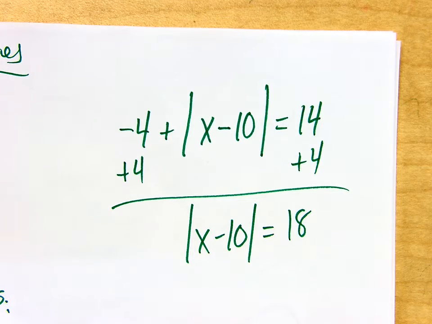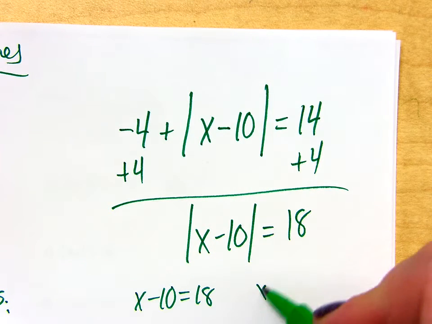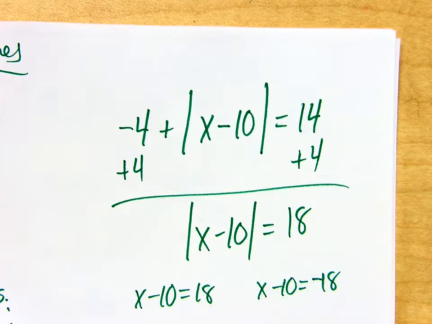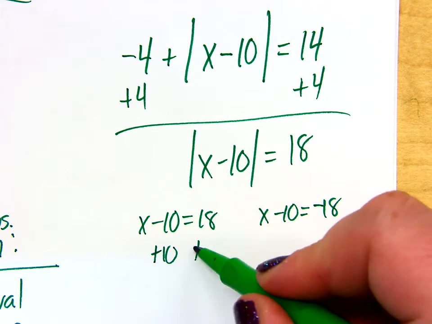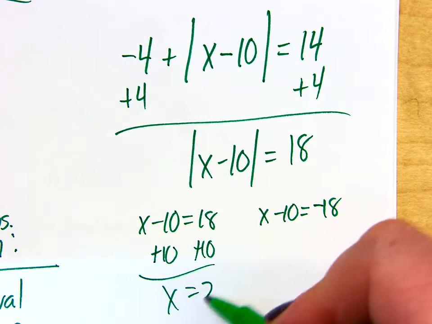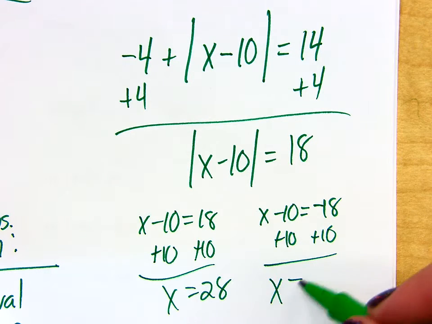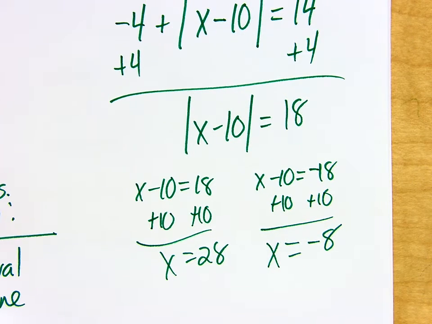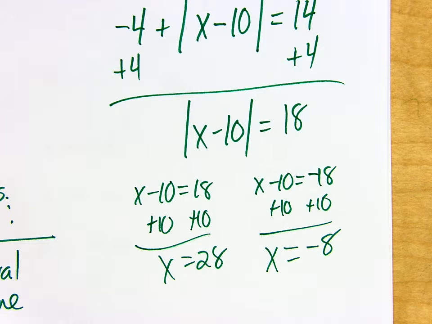So that's where I get my 2 equations from. I write x minus 10 equals 18 and x minus 10 equals what? Negative 18. And then I'm going to solve each one separately. I get 2 answers again. 28 and negative 8.